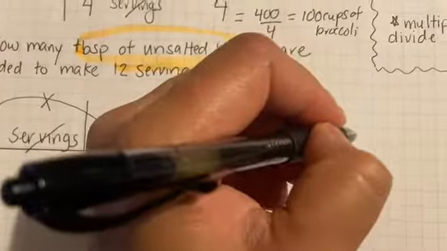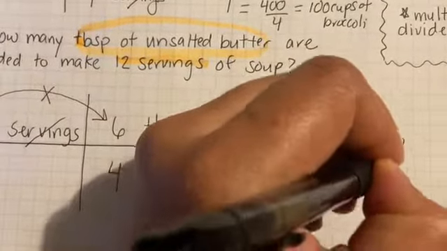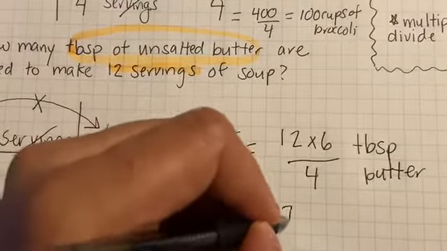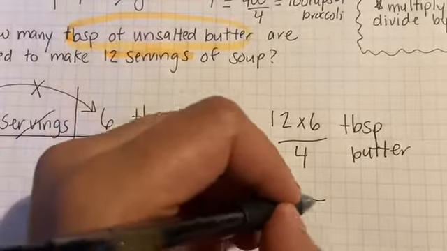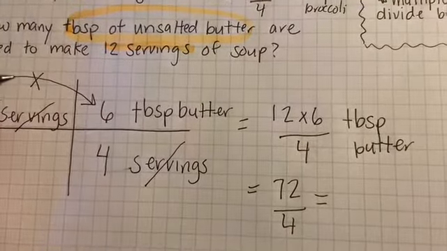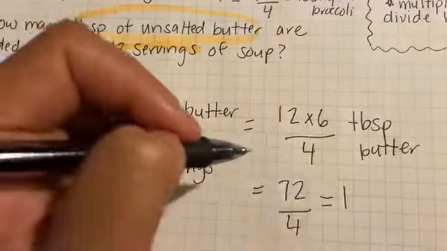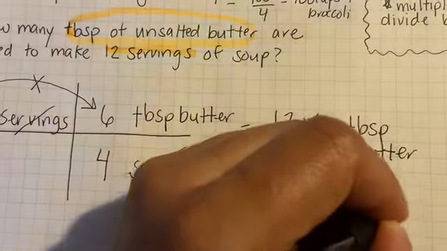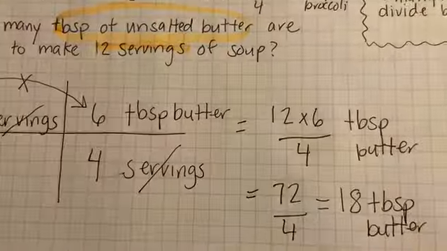And my answer is in tablespoons of butter because my servings divided out. 12 times 6 is 72 divided by 4 still. And this is still in tablespoons of butter. 72 divided by 4 is 18 tablespoons of butter. It's a lot of butter, but a lot of soup.